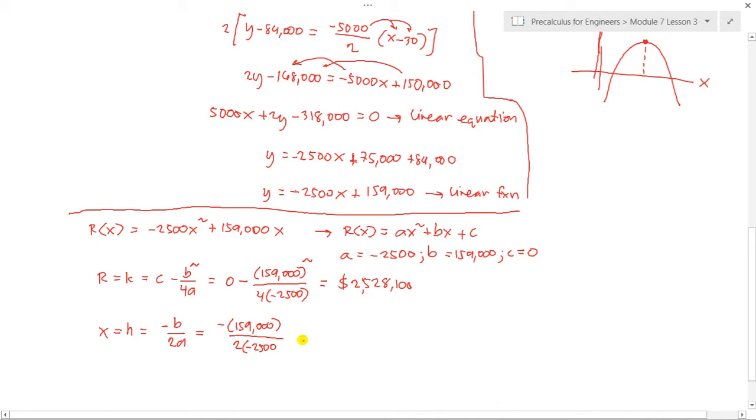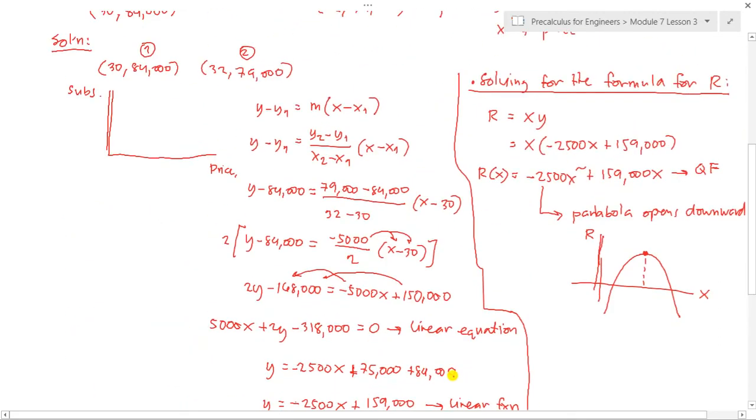So the answer is 159,000 divided by 2 times 2,500. The answer is 31.8. Yes, this is in dollars. So the price is 31.8 per newspaper.